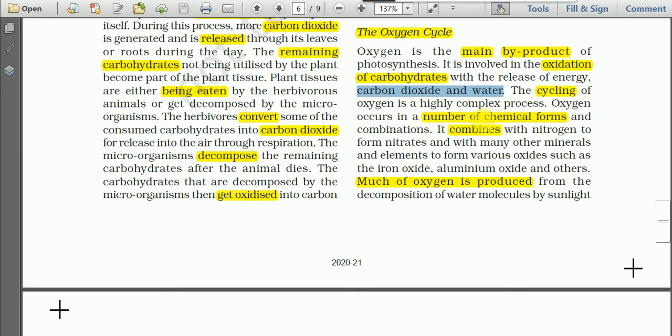Oxygen occurs in a number of chemical forms and combinations.